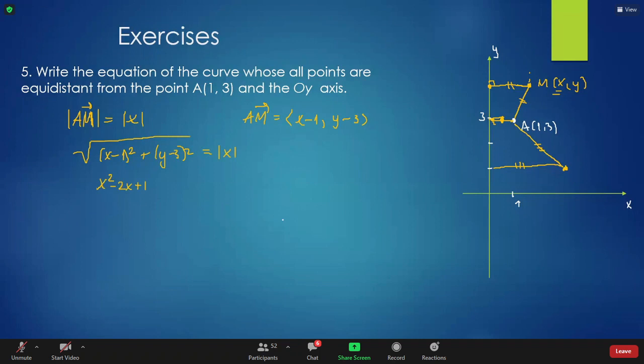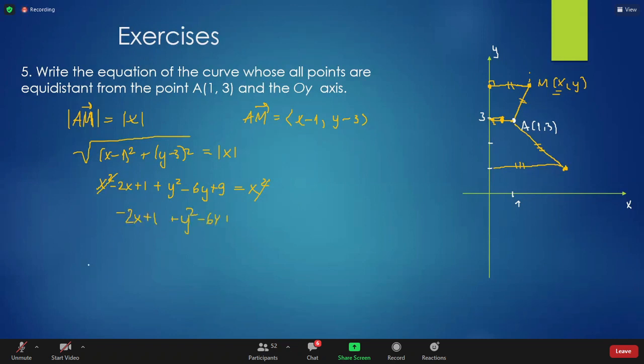In this case, we don't actually need the absolute value anymore because the square will be positive anyway. Now we can subtract x squared from both sides, and so we get minus 2x plus 1 plus y squared minus 6y plus 9 equals 0.